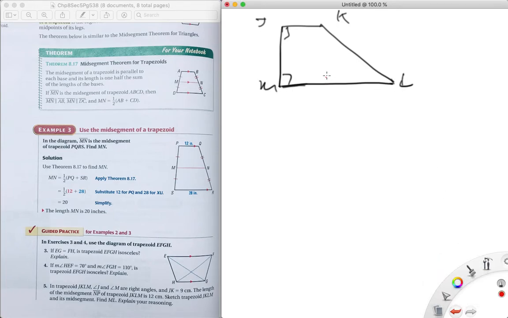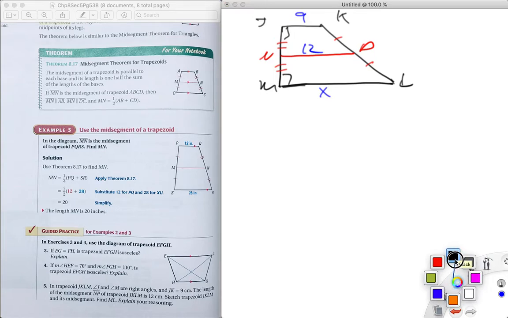We have some mid-segment NP. We're told that JK is 9, NP is 12.